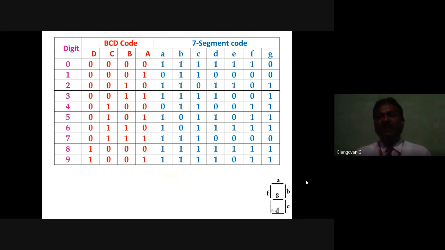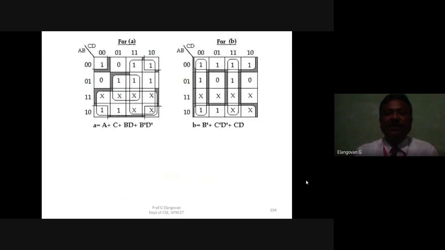Now you have the 7 columns. For each column, we need to construct a K-map and simplify it, using the K-map or Quine-McCluskey method, and we are following the K-map method only. We follow the K-map reduction method to get the simplified Boolean expression for each segment.